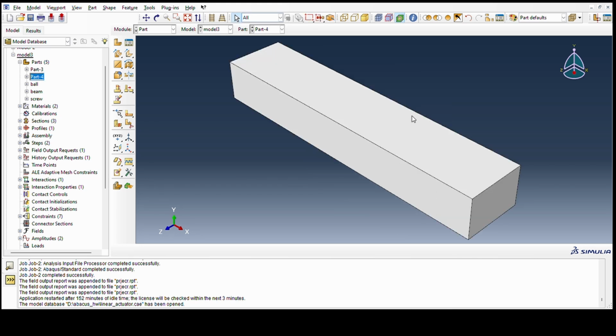And an extra part, the slab that is connected to the housing, which represents the loading condition of the actuator.